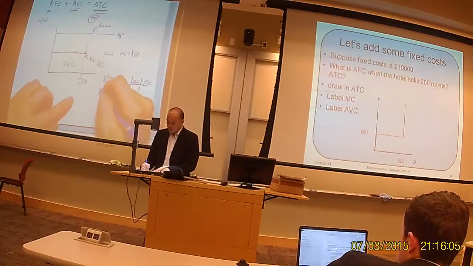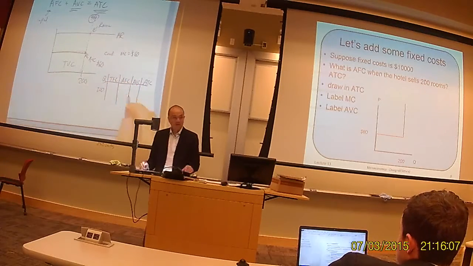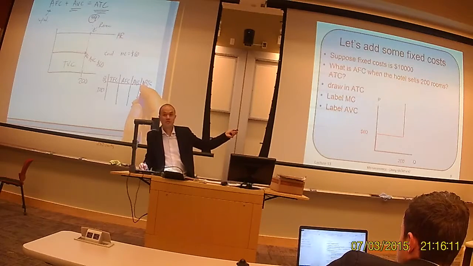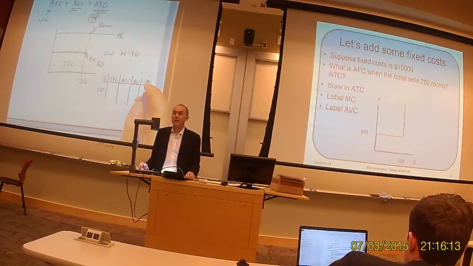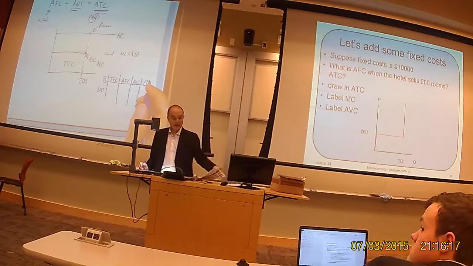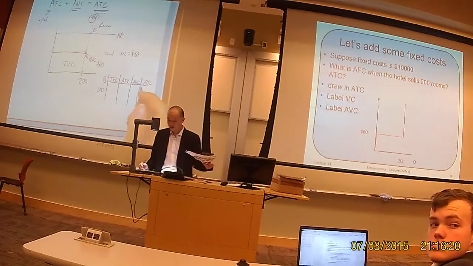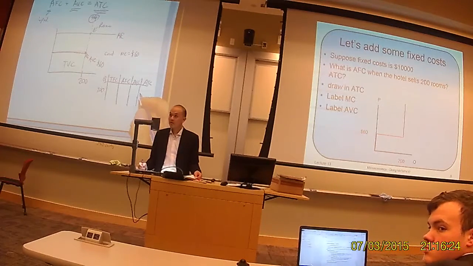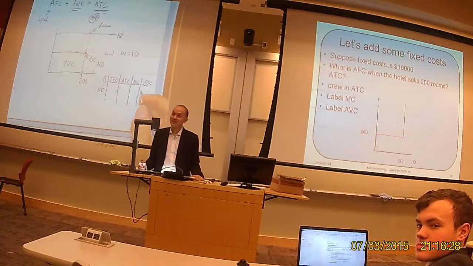So for the quantity of 200, what is the total fixed cost going to be, given what we have on the board? The first bullet. I'm going to ask, not the visitors, Liad and Lauren, what's the total fixed cost from the board?